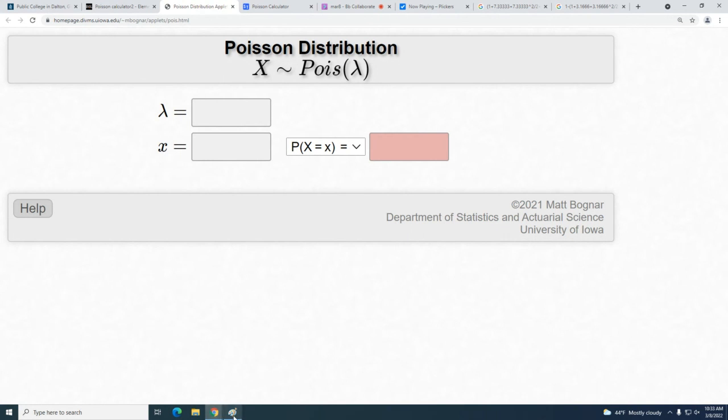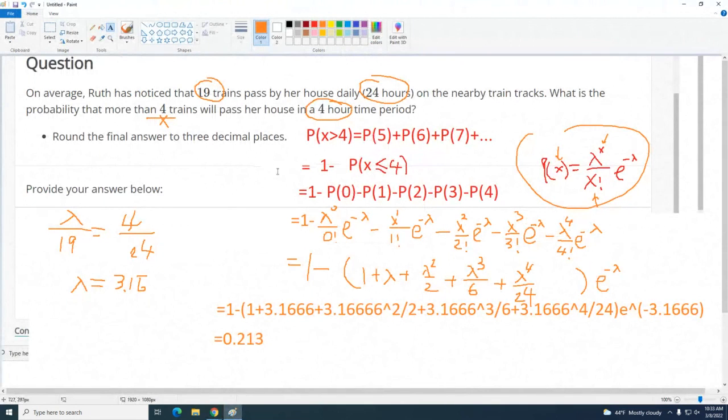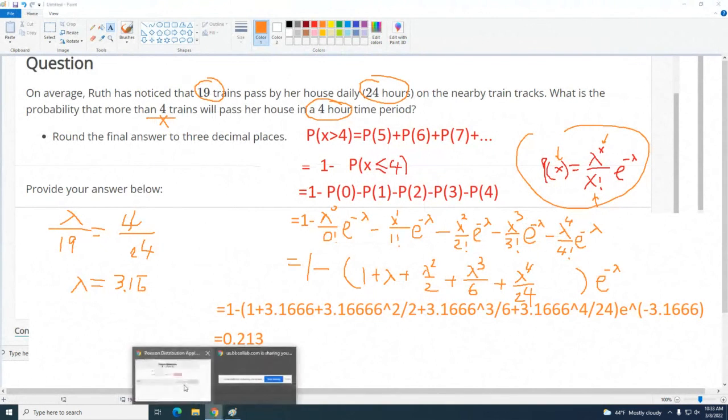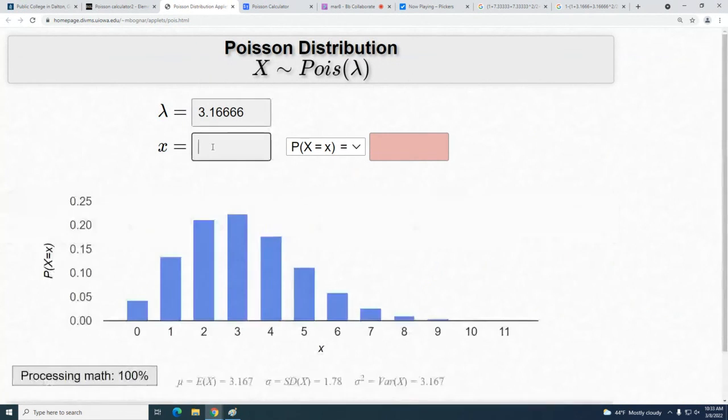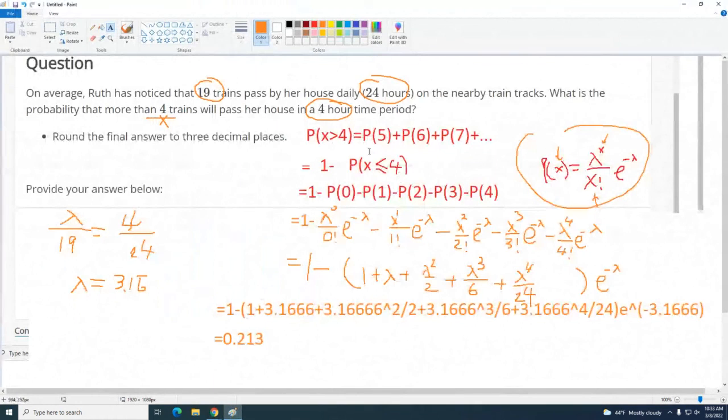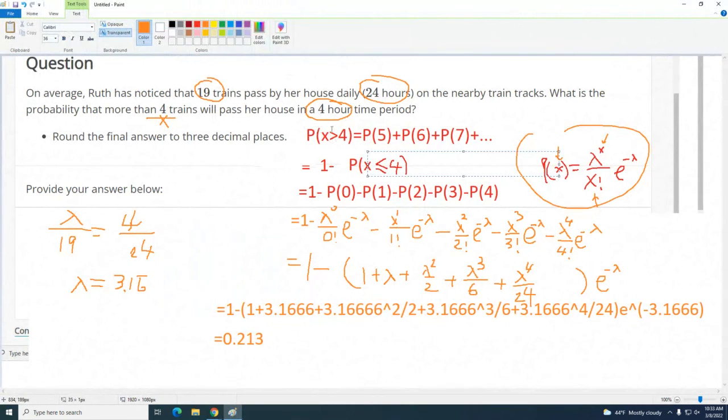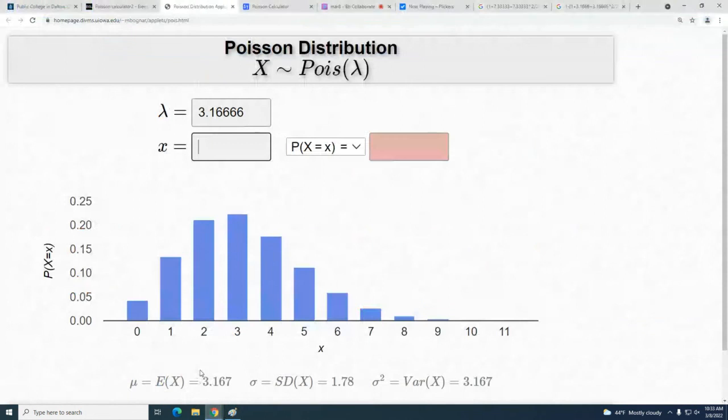Like the one we just did, this question we can double check. So we have lambda is 3.1666 repeated, so you enter that. We have the x, which is the boundary value. X is 4. We want x to be bigger than 4, which means bigger than or equal to 5.